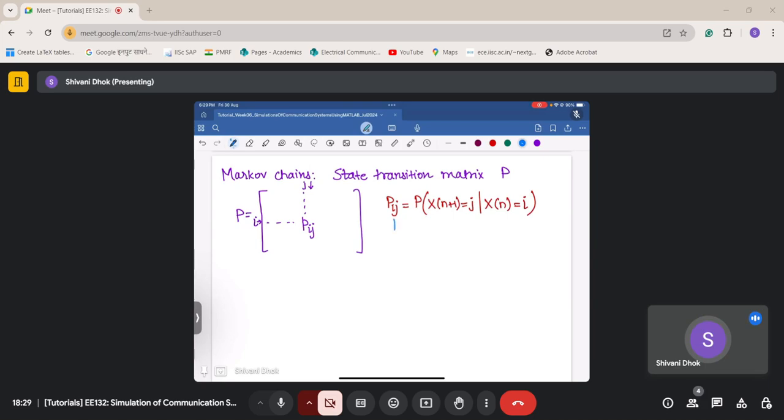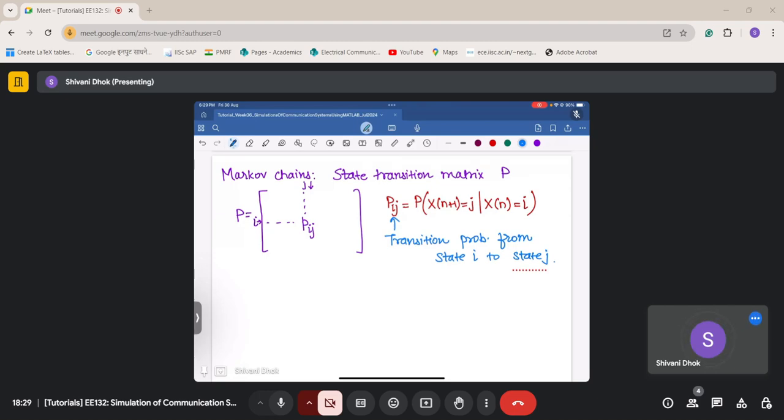So this is basically your transition probability from state i to state j. This is known as your state transition matrix or probability transition matrix.